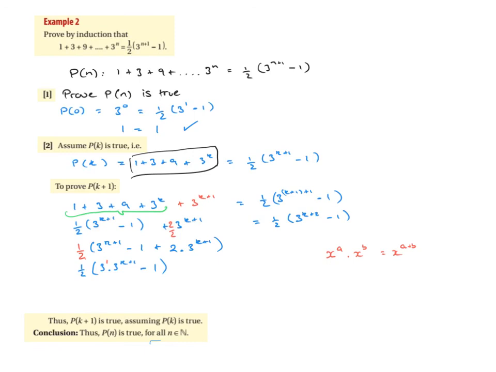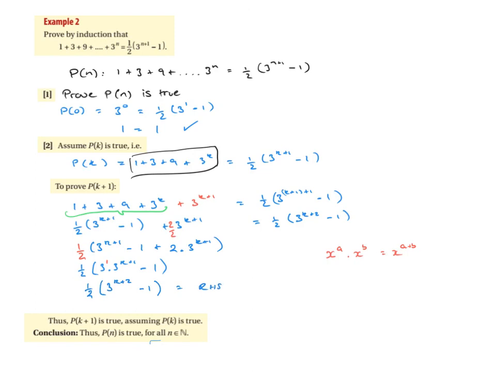We're going to combine those two indices because we have the same base, and this is going to be equal to 3 to the 1 plus k plus 1, which is k plus 2. So if we do that, we end up with a half of 3 to the k plus 2 minus 1, which is equal to the right hand side.